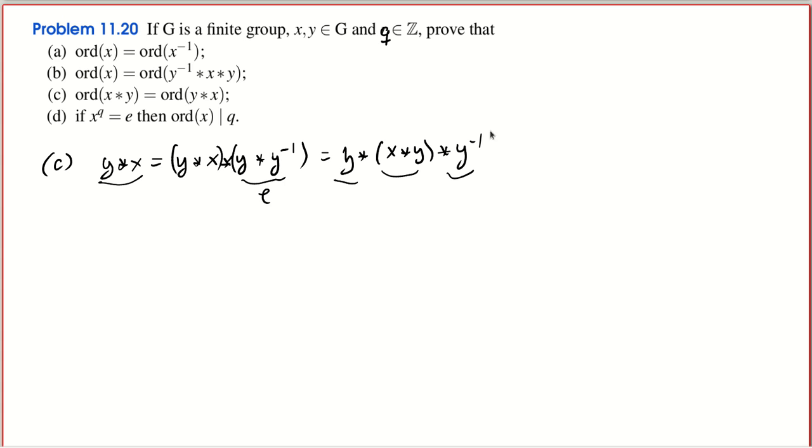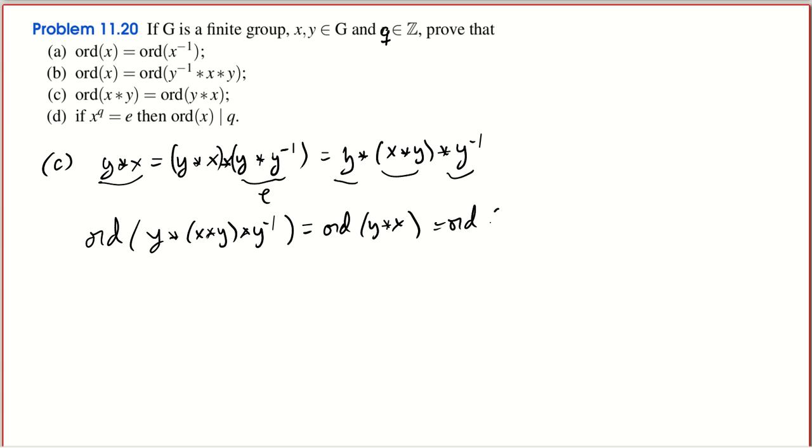So we know that the order of this thing here, y times x times y minus 1, which is just the order of y times x, what this property says is that it's equal to the order of this element here. So that's the order of x times y. And now we have the result that we wanted.